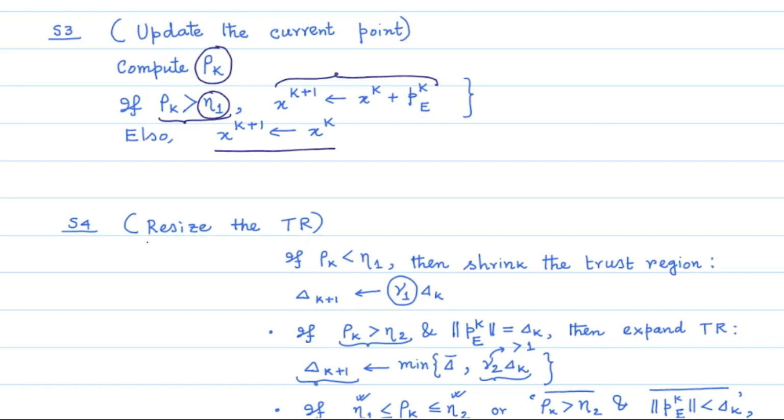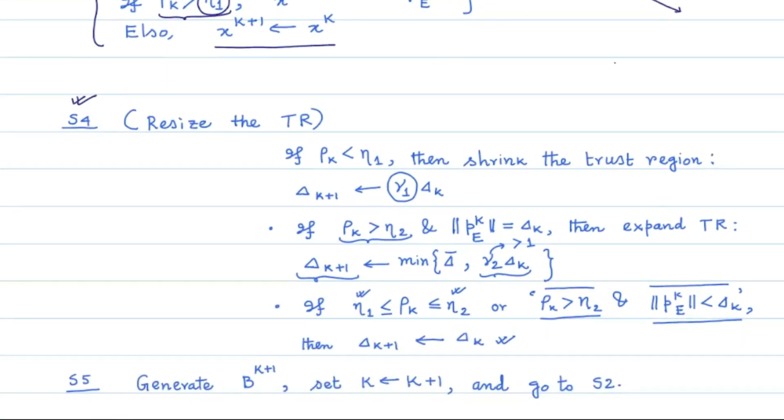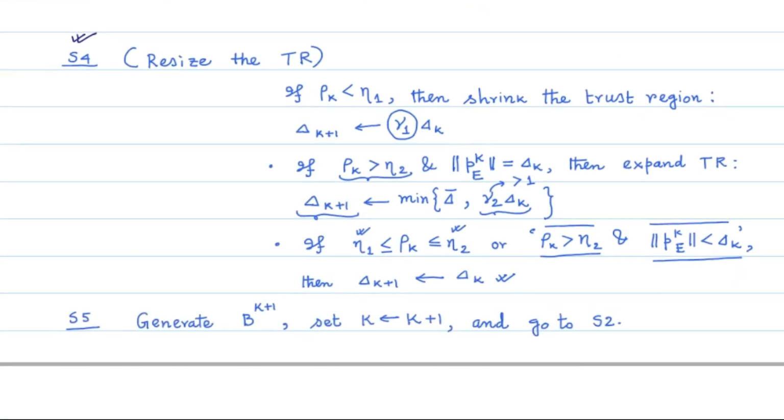After updating the current point by following these two rules, we move forward to resizing the trust region, because in step 3 we have identified the next iterative point x_{k+1}. And then we have to find the trust region radius. This trust region radius has to be found by following a rule with the help of the reduction ratio.